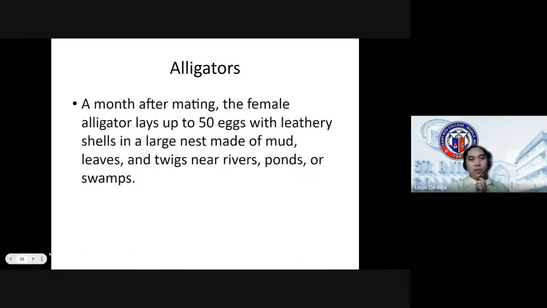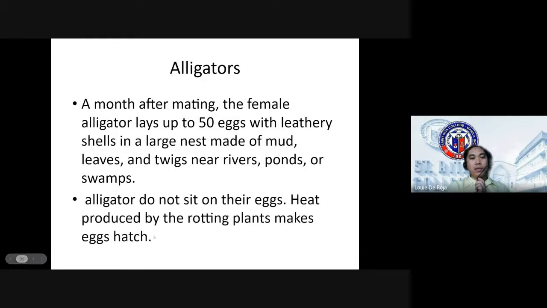Alligators. A month after mating, the female alligator lays up to 50 eggs with leathery shells in a large nest made of mud, leaves, and twigs near rivers, ponds, or swamps. Alligators do not sit on their eggs. Heat produced by the rotting plants make eggs hatch. So nade-develop po yung egg kapag may warmth or heat na na-absorb yung egg.